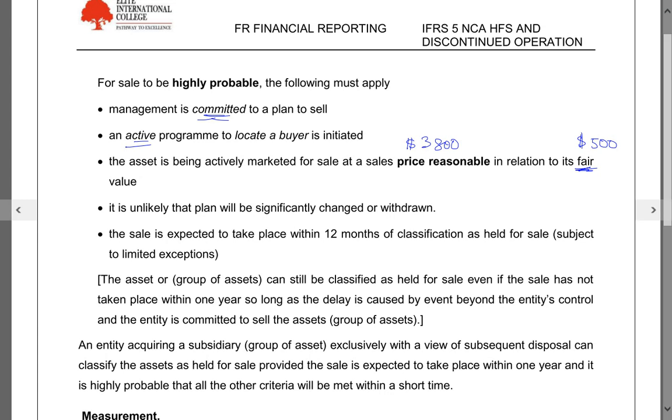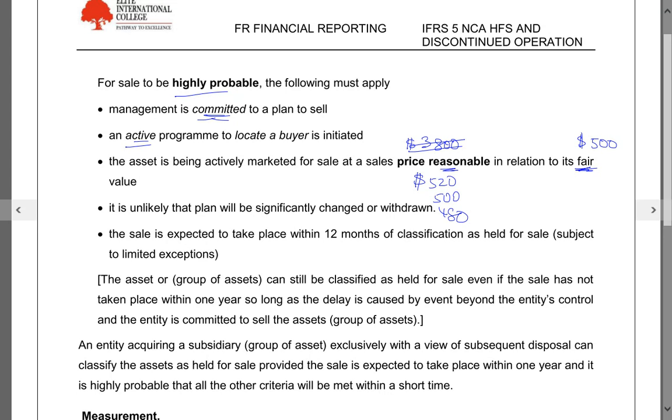If it's not reasonable, do you think people will buy? It means this sale is not highly probable. The sale is highly probable if the price is reasonable in relation to fair value. If I plan to sell it at 520, 500, 480, a reasonable price means the sale is highly probable.